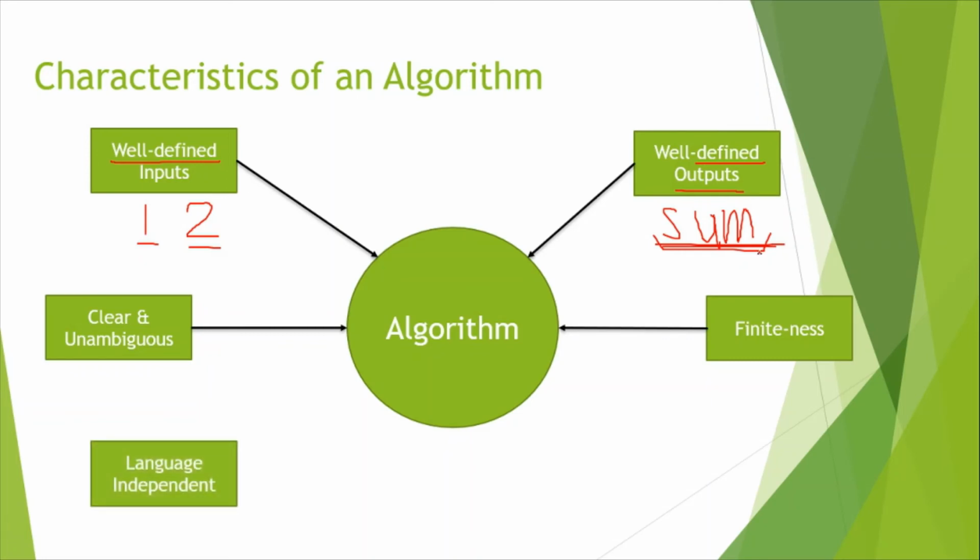Next one, it should be language independent. It should be plain instructions only. What we mean by this is that the algorithm can be interpreted by any programming language. But we don't say that the programming language can just fetch the algorithm and run it on its own.